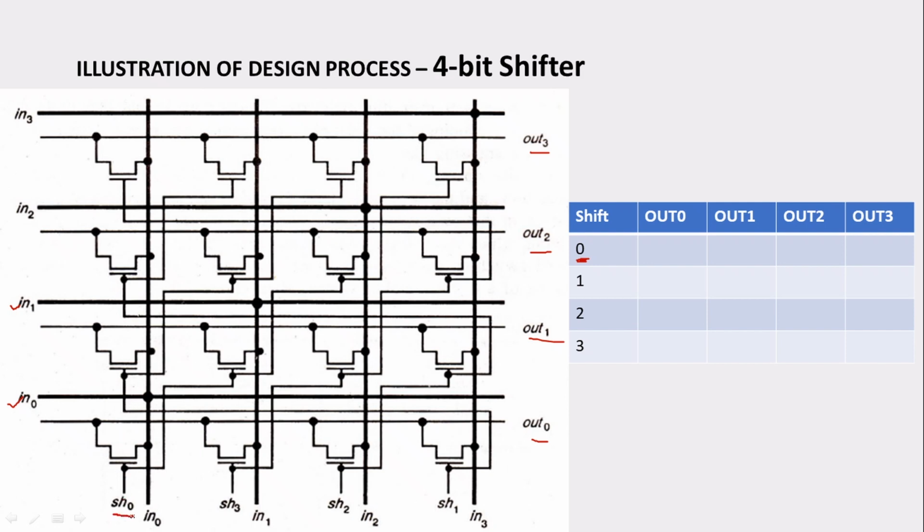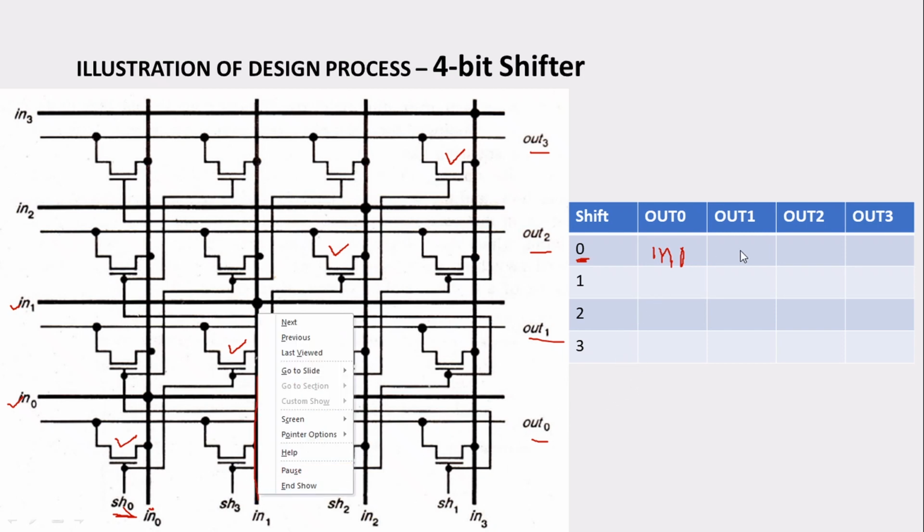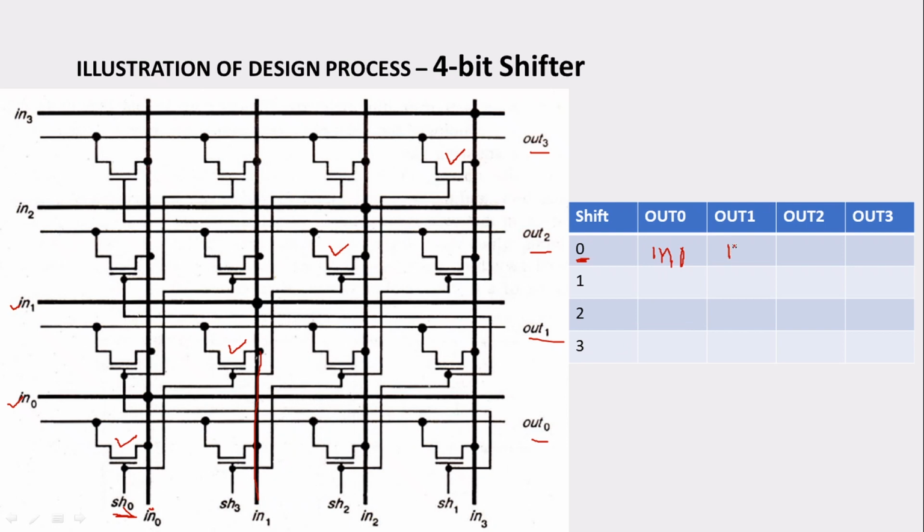When I have applied shift 0, this transistor is on, and this transistor is on, this particular transistor is on, and this one is on. This transistor is connected to IN0, so output of 0 will be IN0. This transistor is connected to IN1, so output of 1 will be IN1.